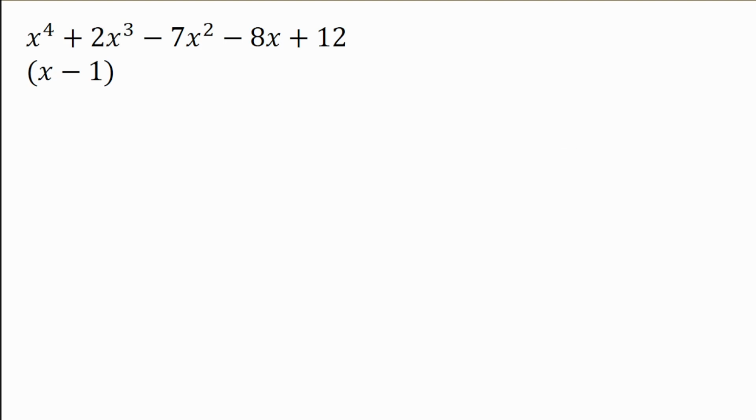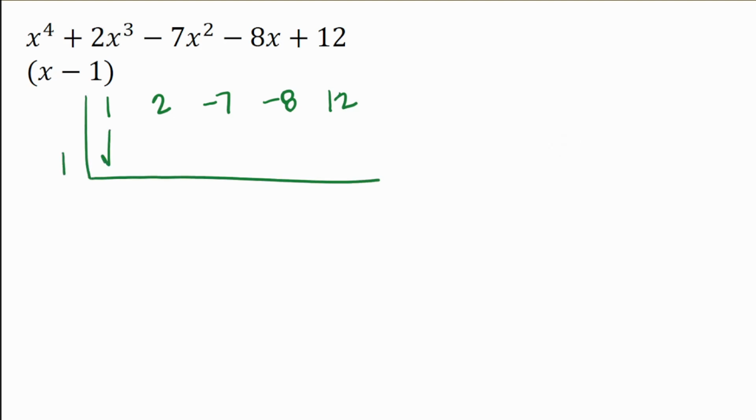So I will copy in the coefficients: 1, 2, x to the 3, negative 7x to the 2, negative 8x to the first, positive 12, and I'm dividing by x minus 1, so I'm going to run 1 through synthetic division: 1, add, multiply, add, multiply, add, multiply, add. All right.